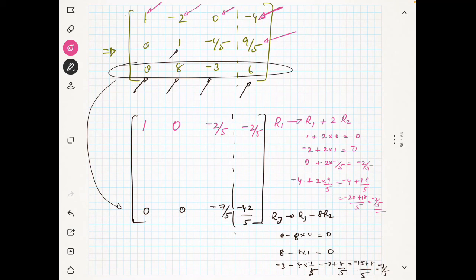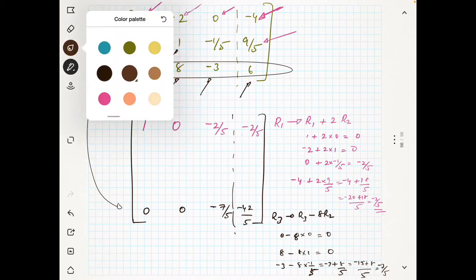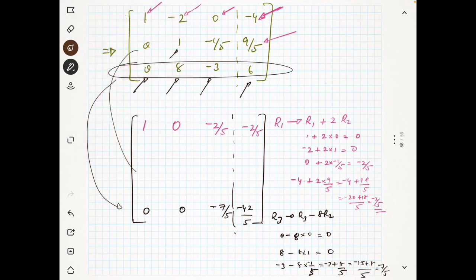Okay. Minus 2. And there is no change here for this row. No change. Okay. This becomes 0, 1, minus 1 by 5 and 9 by 5. So I will rewrite again, because there is no space there.